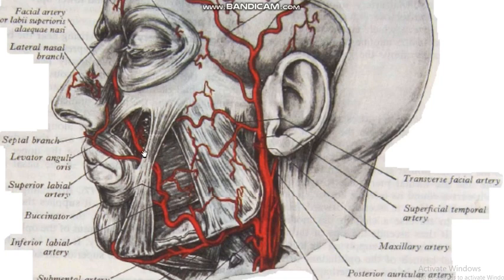And this facial part of the facial artery is quite tortuous. This tortuosity is probably to give some leeway for the opening of the jaw, for the movement of the mandible, and for the movements of deglutition and so on.